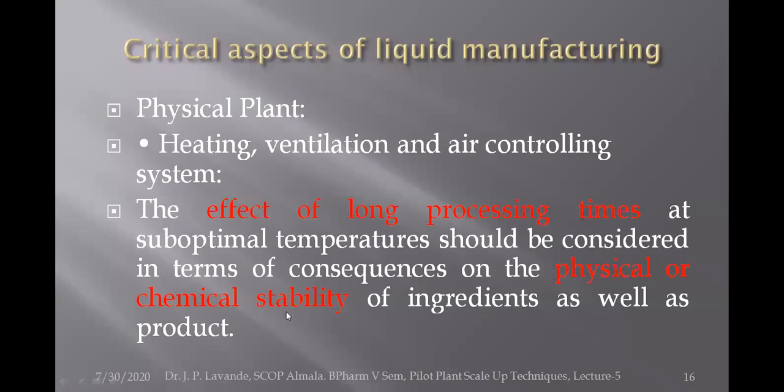The physical and chemical stability. Stability is the most important one, isn't it? During the shelf life, it may be physical or it may be chemical. Chemical: oxidation, reduction, hydrolysis, isomerization, racemization. Physical: size, shape, particle size, and parameters like polymorphism and crystallization, right? All of these may get affected if we are not monitoring and maintaining the processing time, its duration, and the temperature required during manufacturing.